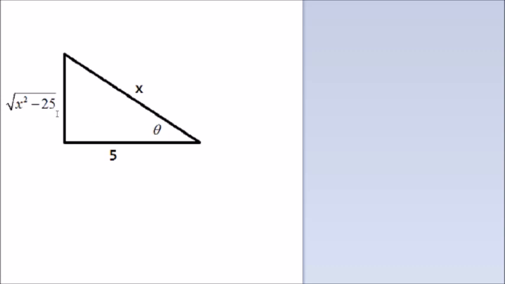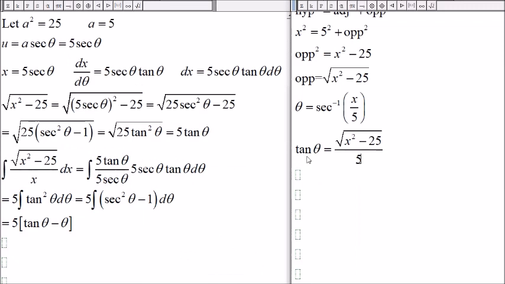Tangent is opposite over adjacent, and so tangent of theta will be the square root of x squared minus 25 divided by 5. So now we can write this in terms of x.